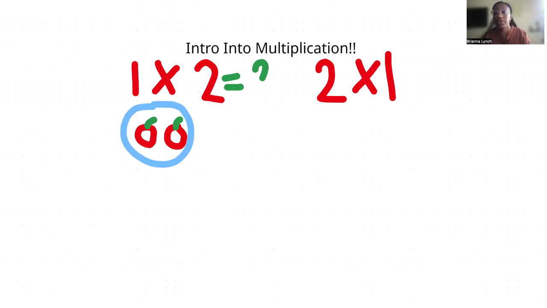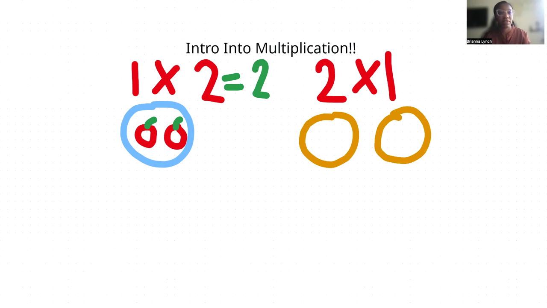Now, let's look at 2 times 1. Same concept, right? Except this time I'm saying I have 2 groups of 1. So this time I go apple picking, and I have my 2 baskets. But in each basket this time, I'm only going to put 1 apple in each basket. So I have my 1 apple here.